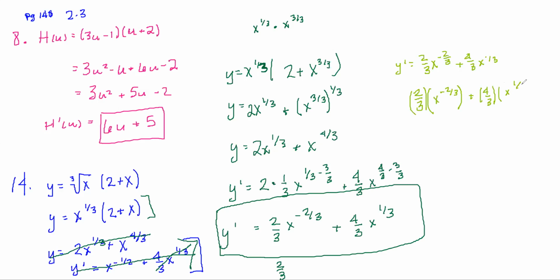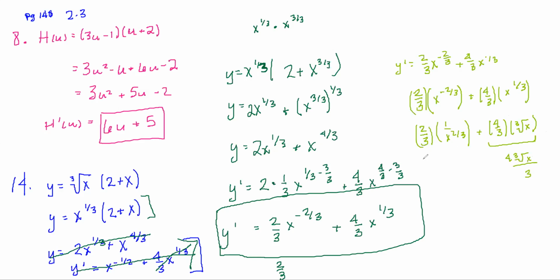If I'm going to rewrite this, I'm going to say it's like 2/3 times 1/x to the 2/3 plus 4/3. And this would just be the cubed root of x. So this is fully simplified at this point. It could also be written as 4 times the cubed root of x over 3.